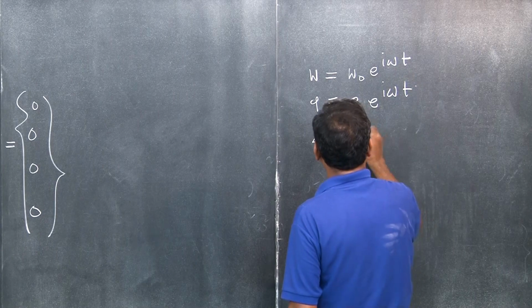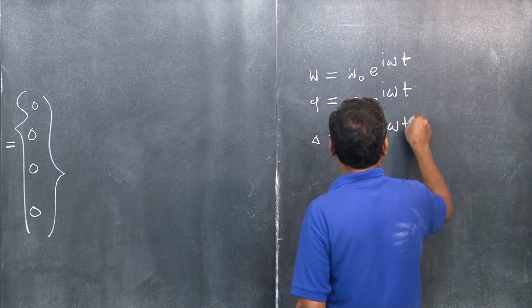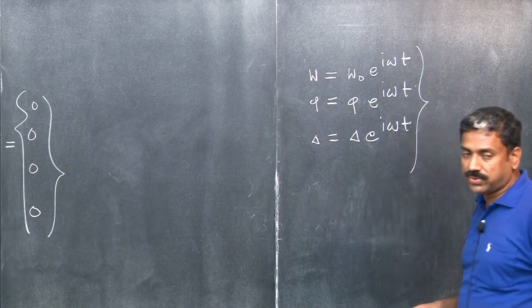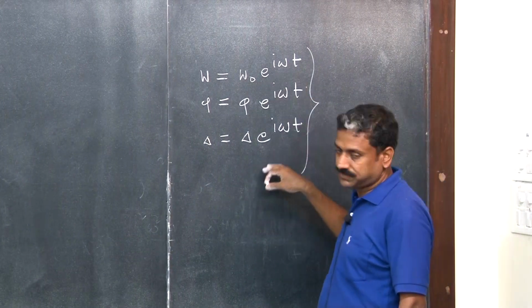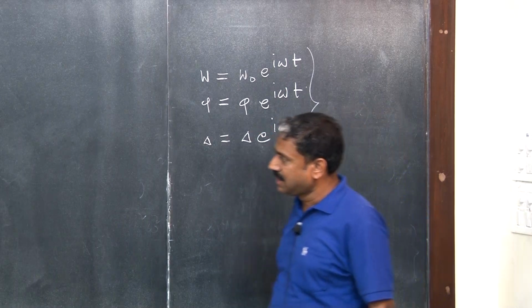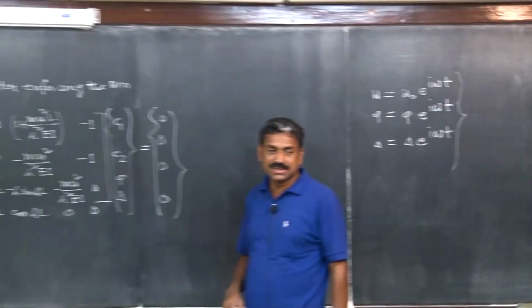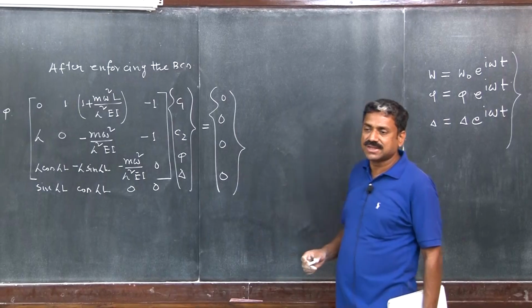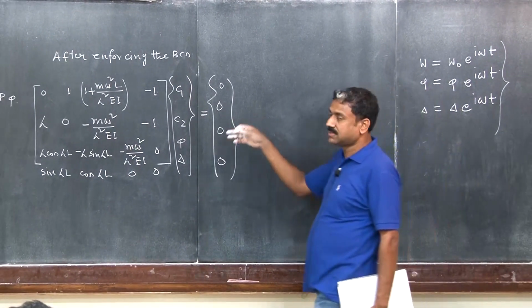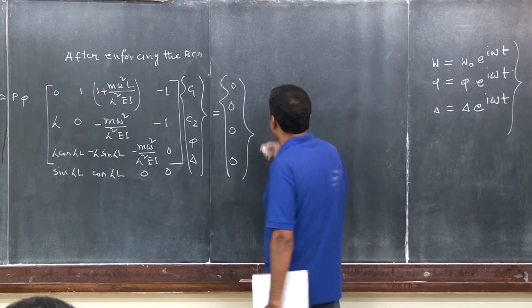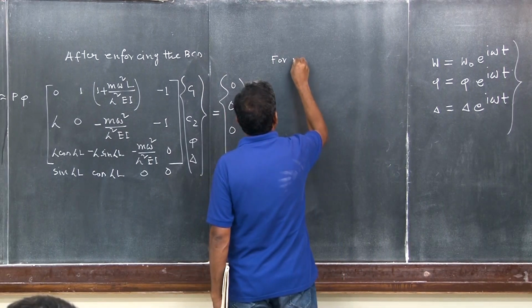We have assumed this and then substituted, because W is both a function of x as well as a function of t, right? So once again this gives rise to an eigenvalue problem, right? So the determinant of this needs to vanish for a non-trivial solution.